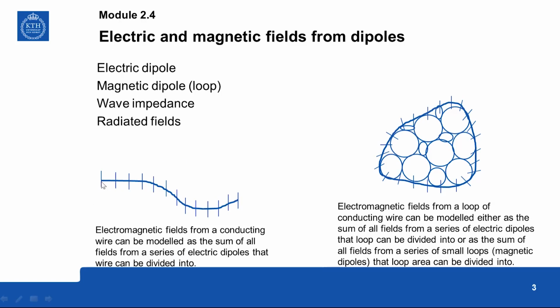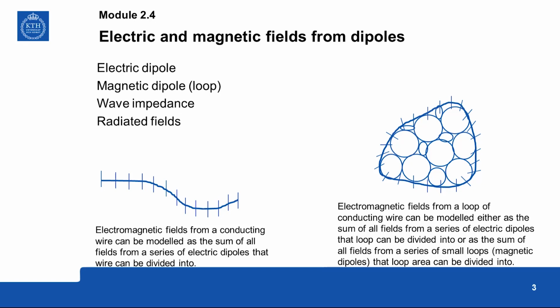Now take this picture on the left over here. If you want to find the radiation field from a piece of wire, this piece of wire can be component leads, or it can be a track in a printed circuit board, or it can be just a connecting wire between two circuits.